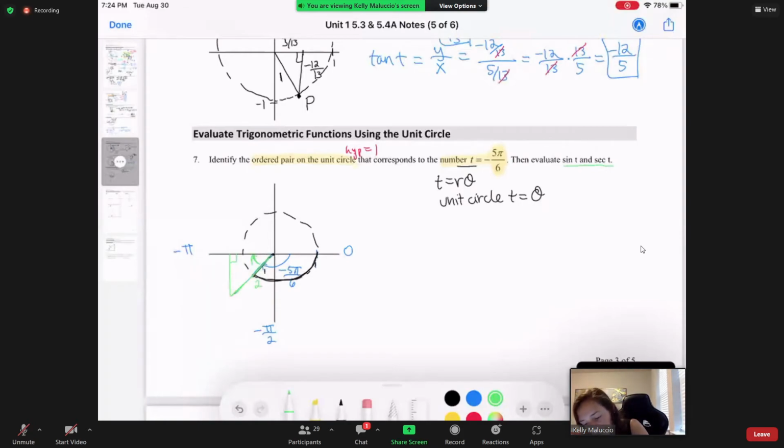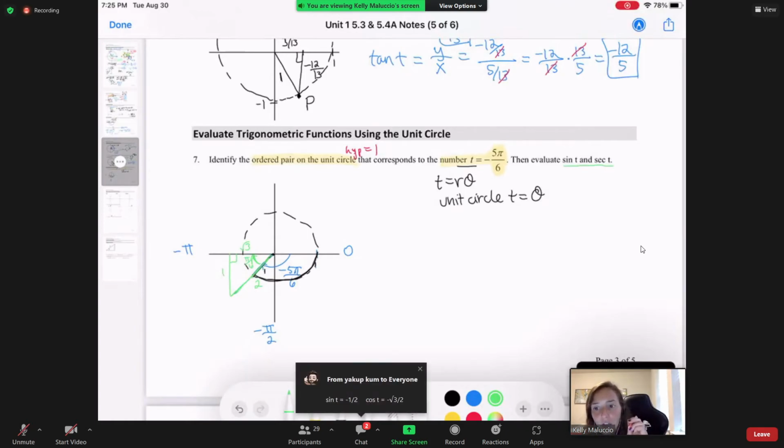This would be square root of 3 and 1. The reference angle is pi over 6. So this is a 30, 60, 90 triangle, but it's not contained in the unit circle. So that's why it's not really related.